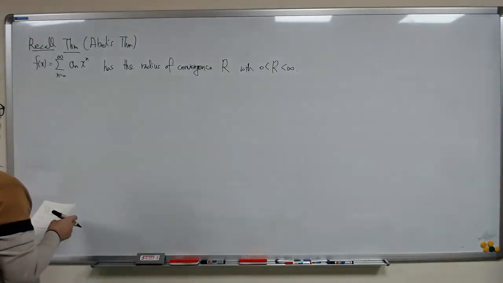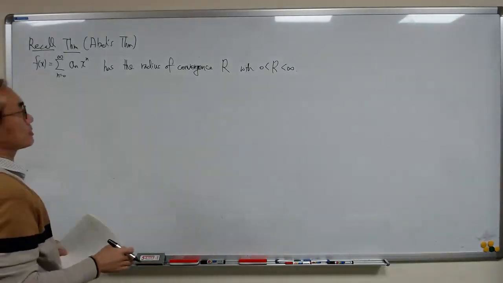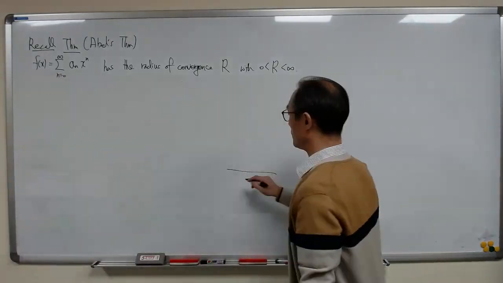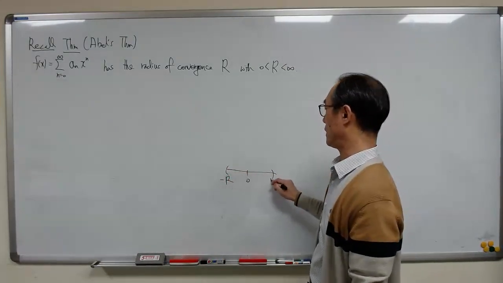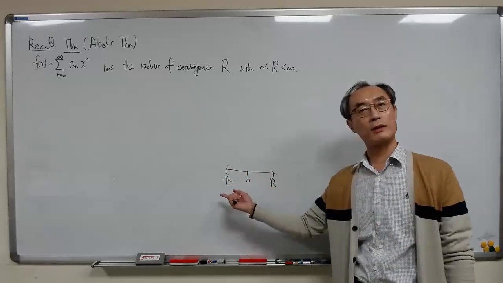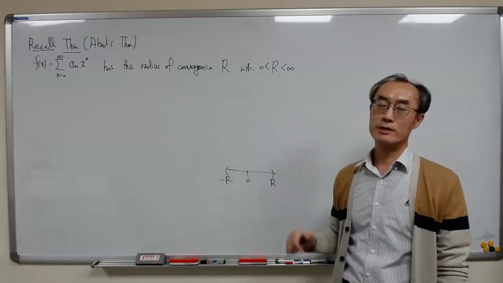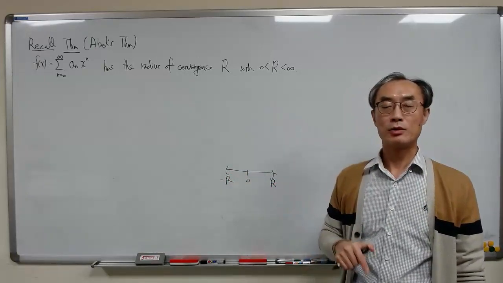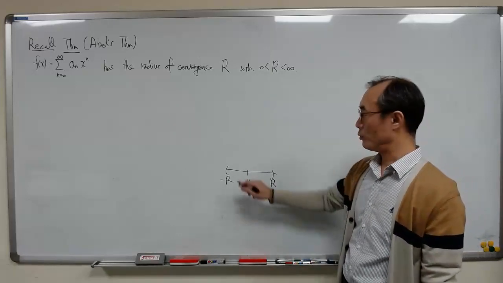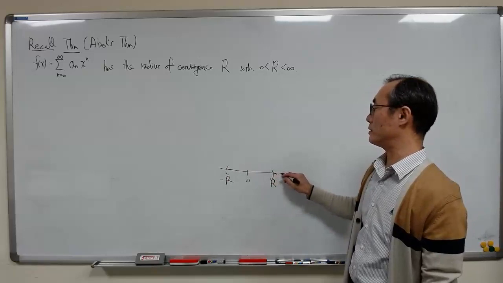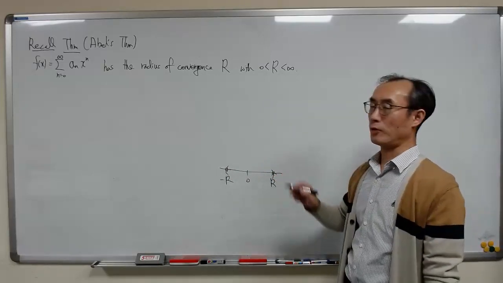Then we know this power series converges on an open interval centered at 0, from minus r to r. In the open interval from minus r to r, the power series converges to a continuous function, right? But we do not know the convergence at both endpoints.